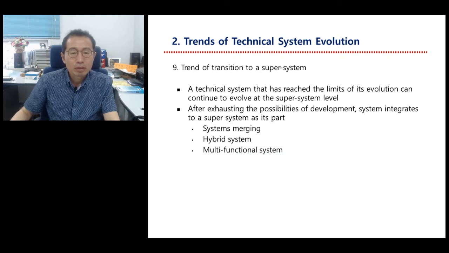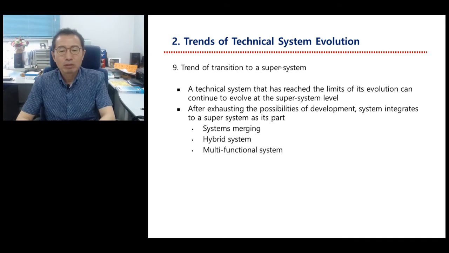Next, the trend of transition to a super system. A technical system that has reached the limit of its evolution can continue to evolve at the super system level.